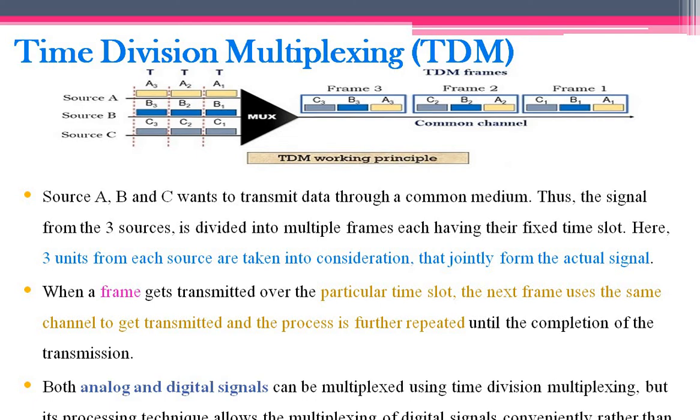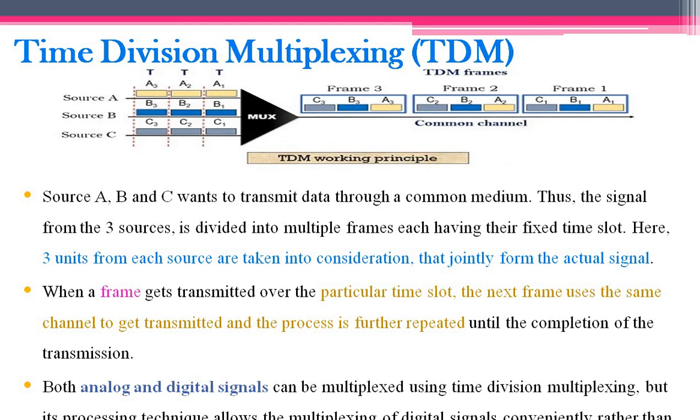I think it has cut over here. Both analog and digital signals can be multiplexed using time division multiplexing. But the processing technique allows the multiplexing of digital signals more conveniently than analog signals.